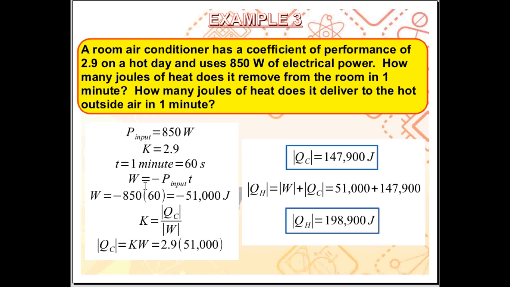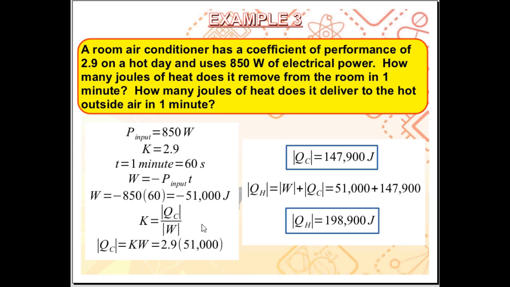So work is being done on the system, so negative work done: negative P input times time. We know P input as well as the time, so we are able to calculate the work done to be negative 51,000 joules.